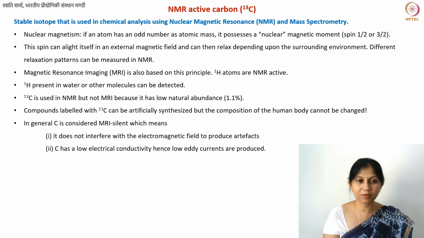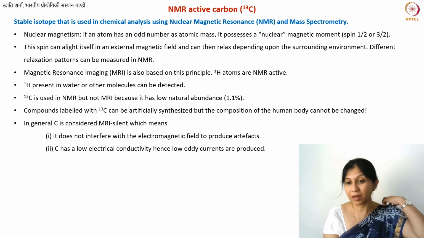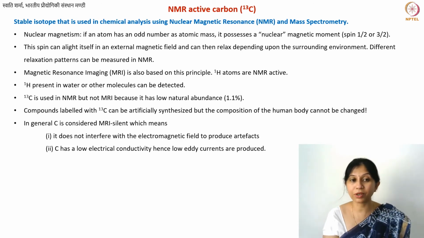Well, two reasons. Number one, it does not really interfere with the electromagnetic field that is used during MRI, and that is why there are no artifacts. The images are not distorted. And number two, which is actually a more important reason, carbon is electrically conductive, but the conductivity is low enough.